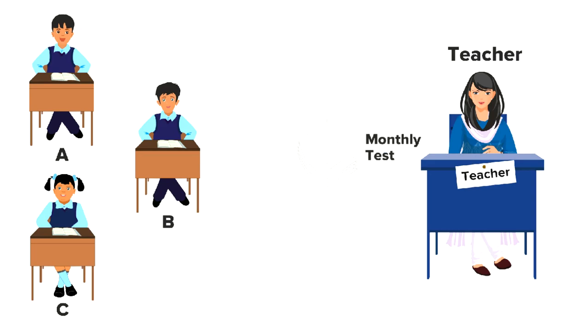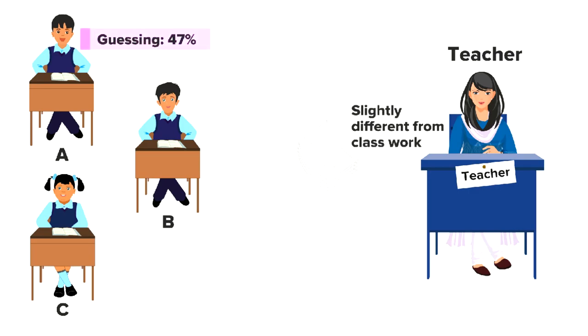But now, let's also look at what happens during the monthly test when students have to face new unknown questions which are not taught in class by the teacher. In case of student A, things did not change much and he still randomly answers correctly 50% of the time. In case of student B, his score dropped significantly. Can you guess why?